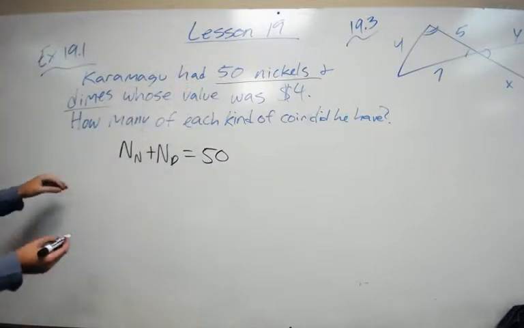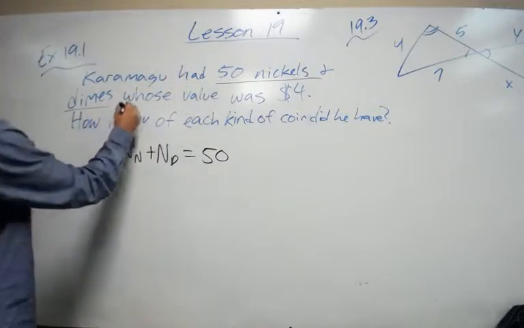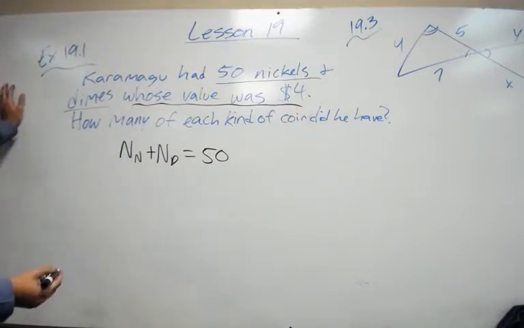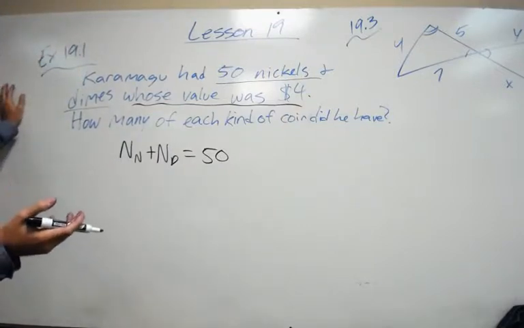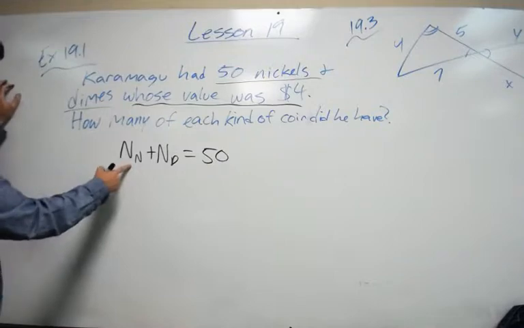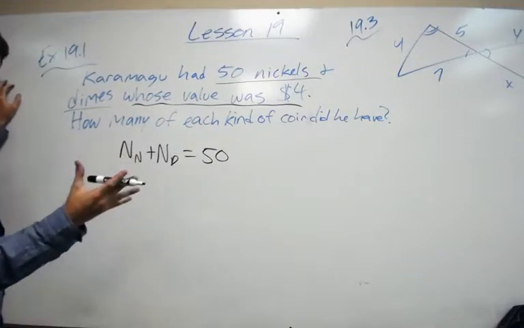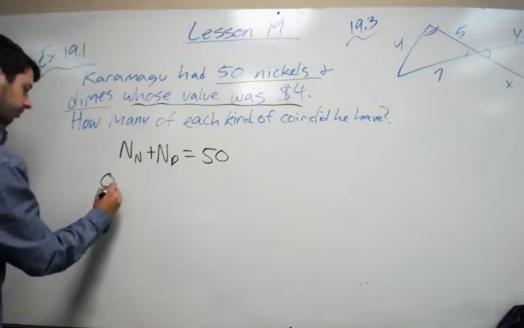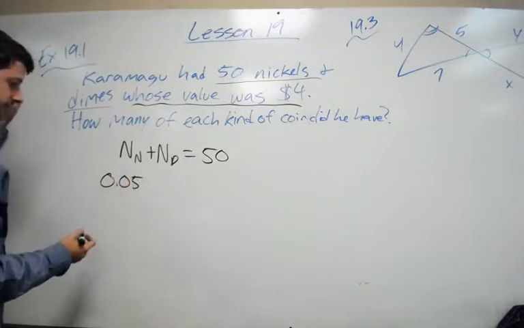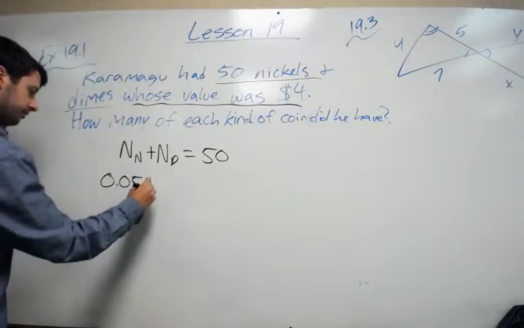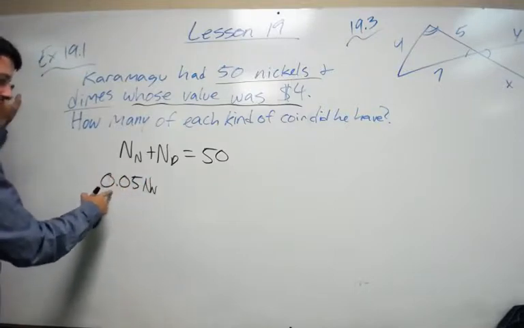The next part, it says whose value was $4. This is where you have to know American dollar currency. What is the value of a nickel? Well, a nickel is 5 cents. So what we're going to say is 0.05, 5 cents, times the number of nickels, because that is the value of a nickel.